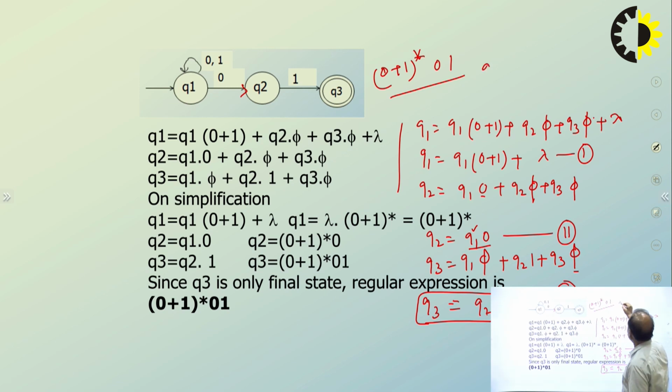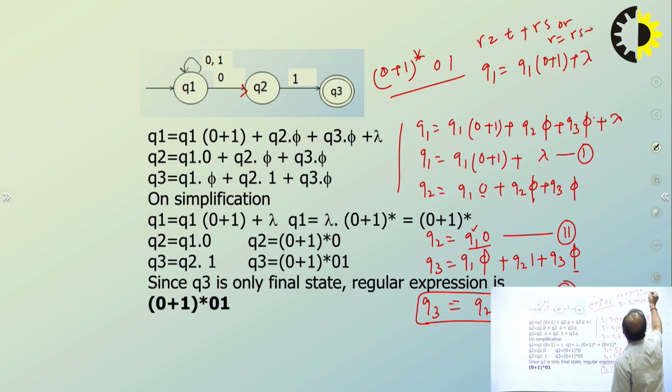So q1 is here. q1 is q1 (0+1) plus lambda. And Arden's theorem says that R equals T plus RS, and RS plus T is the same thing, there is no problem, because plus is commutative. So by this method, R is TS star.